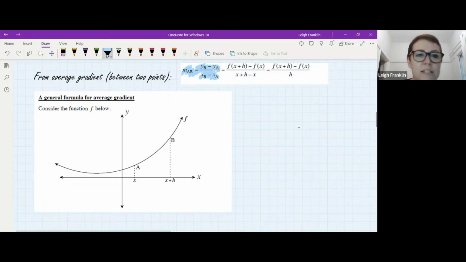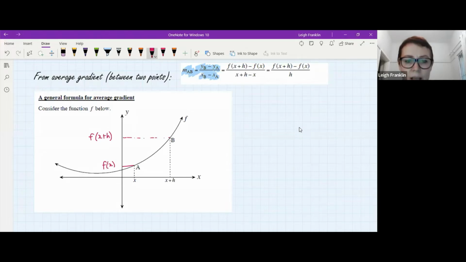So typically, if at A, x goes in, and this is f of x, then what comes out would be y or f of x. If we move our point h units to the right-hand side, it's now x plus h that is our input, which means that our corresponding output is going to be f of x plus h.